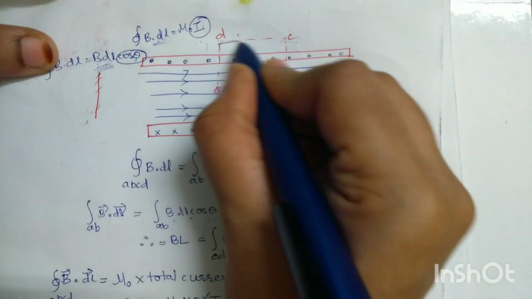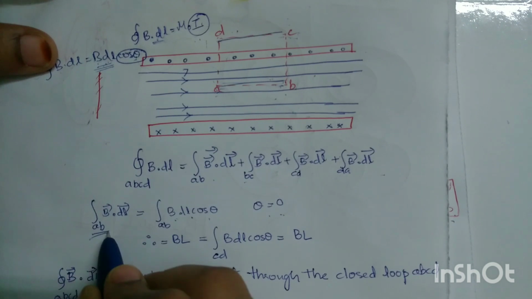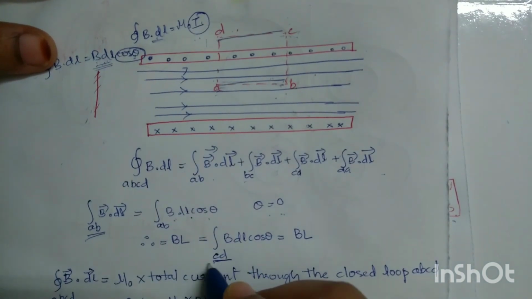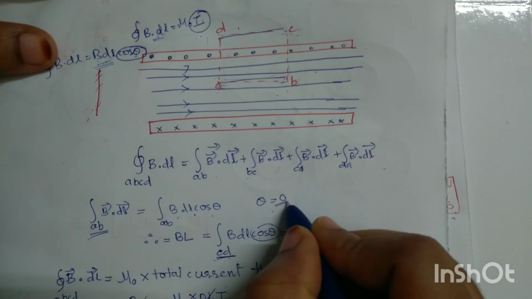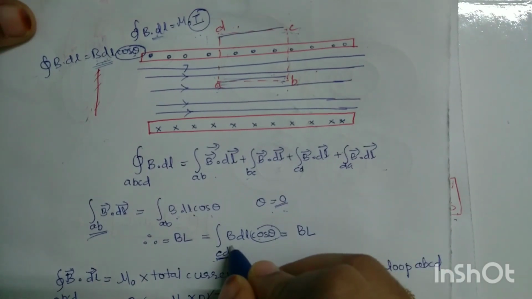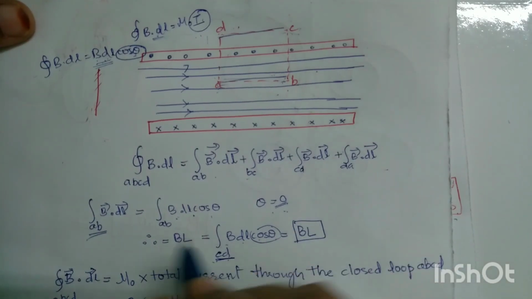Here AB and DC are parallel to each other, so theta is 0, cos 0 is 1, and we get B dl equals BL.